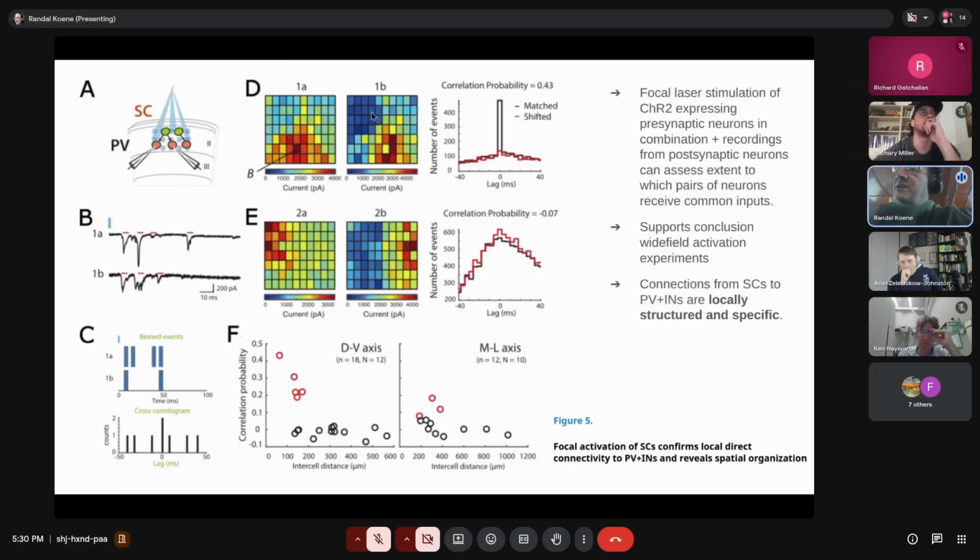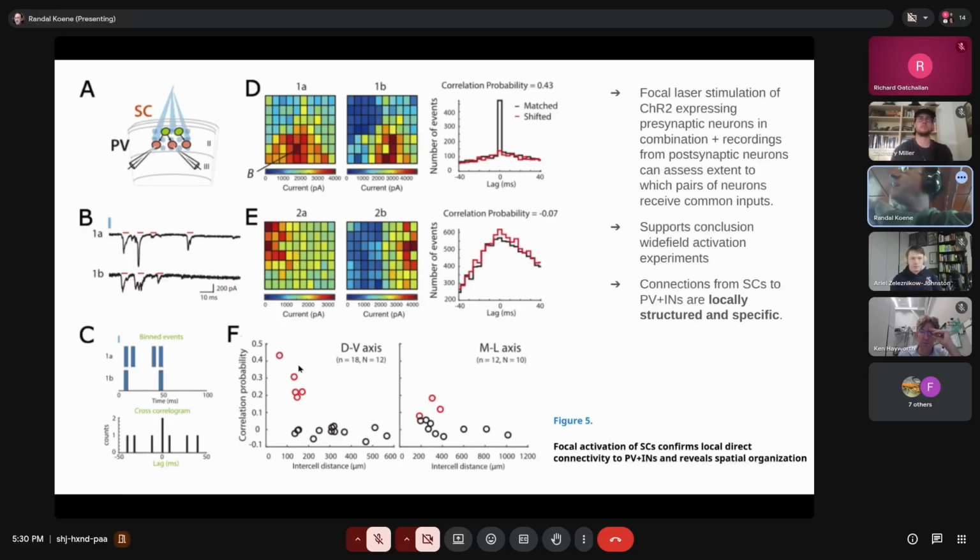And where there's a high correlation, it's indicative of a shared input from stellate cells. So in their examination of these maps, one of the things that came out of that is that there are strong correlations and anti-correlations that seem to be associated with clear borders between the regions that are indicated here.